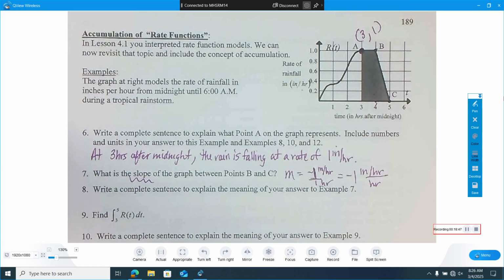It was raining at an inch per hour. And at 5 a.m., you're right, it's not raining anymore. Like, it's 0 inches per hour. So what happened to the rainfall in that time period? It decreased?